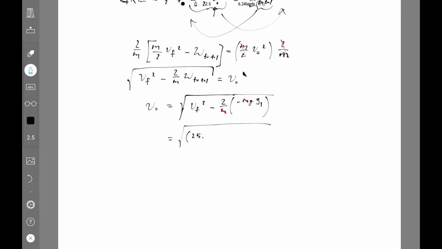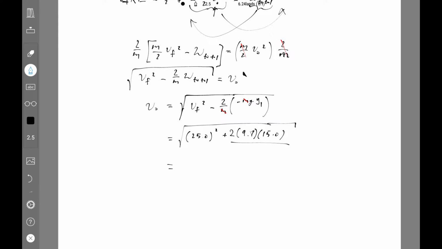So that's 25.0 squared. 2 negatives makes that positive. 2 times 9.8 times 15. And my calculator says... So I'm going to do this first. 2 times 9.8 times 15 equals 294.